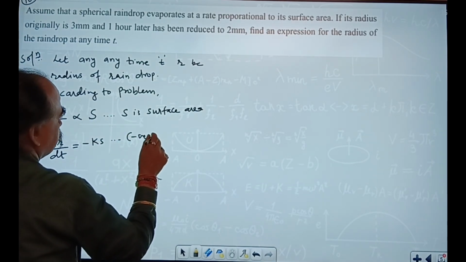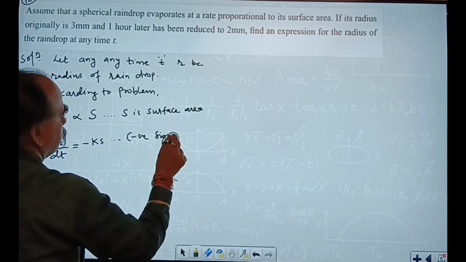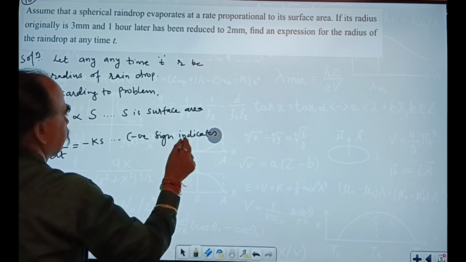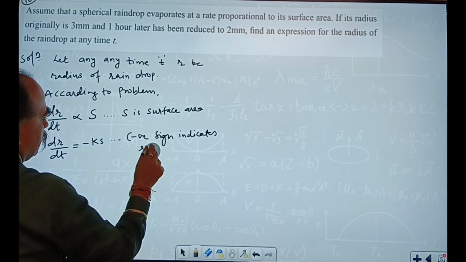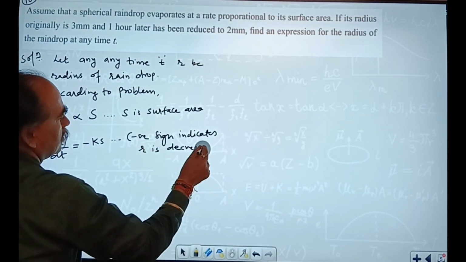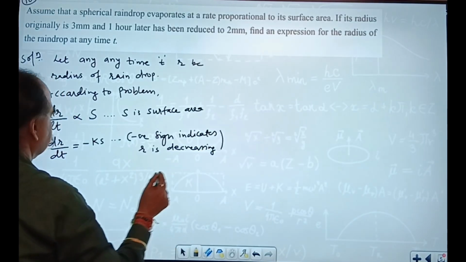The negative sign indicates r is decreasing.